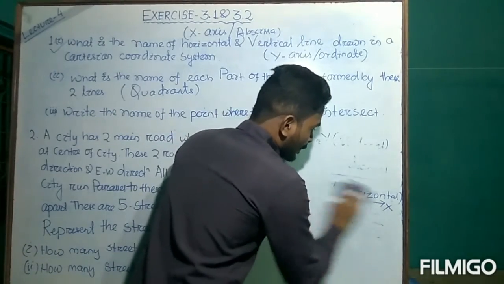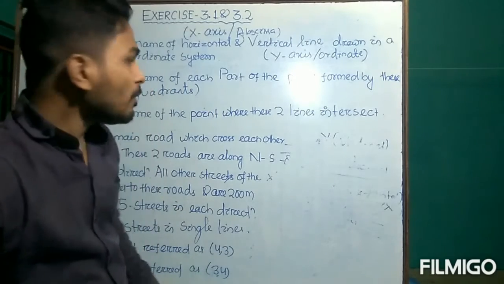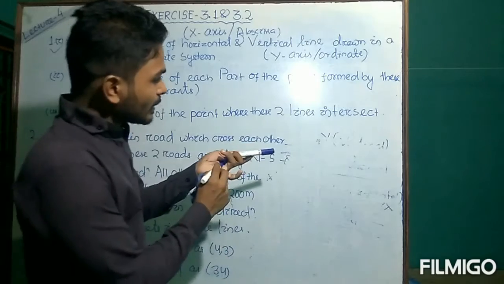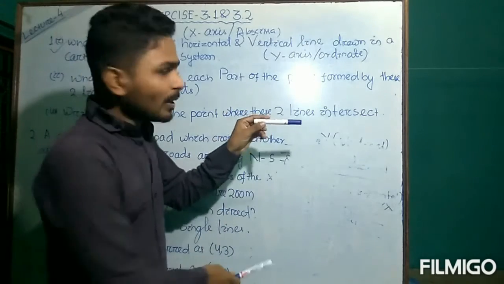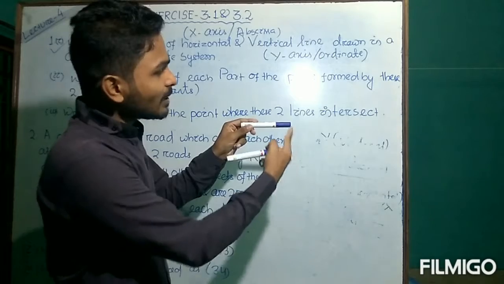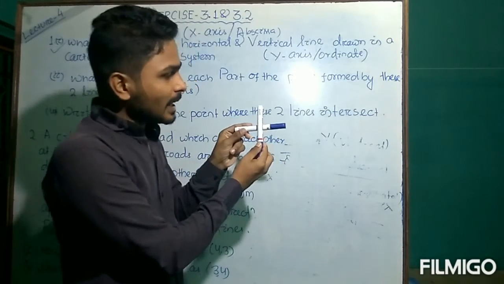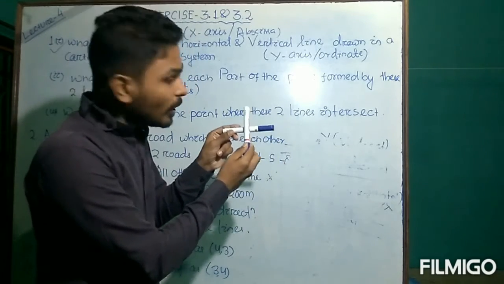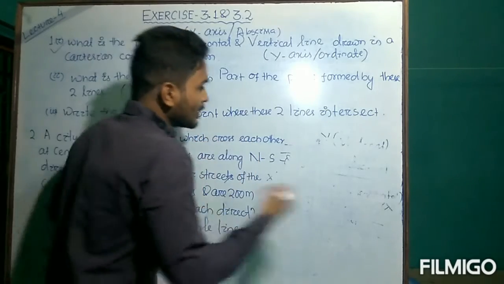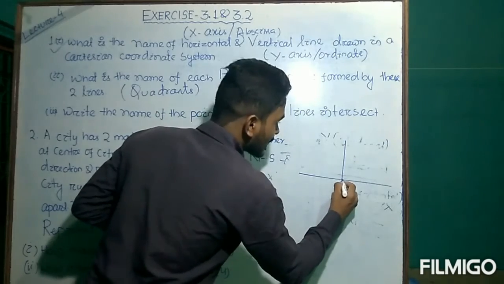That means we have to find the point of intersection of two lines. Suppose this is the horizontal line and this is the vertical line. So this horizontal line is known as x-axis, this vertical line is known as y-axis. Then these two lines will intersect each other at this point.